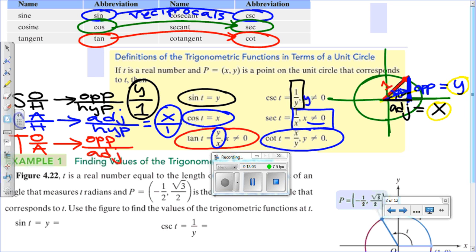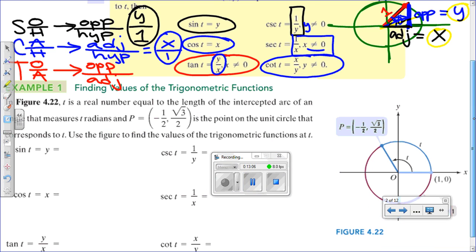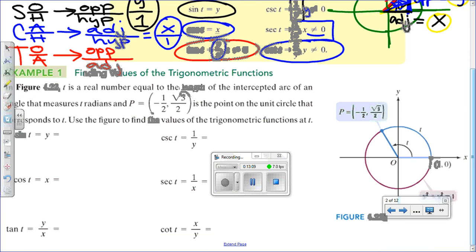Okay, so let's see how that's going to help us with example 1. So I need you to remember, we're going to be talking about this angle. It is in standard position, don't forget that. Standard position means that the initial side is the positive x-axis, and then the terminal side, and the vertex is at the origin, or the center of the circle.